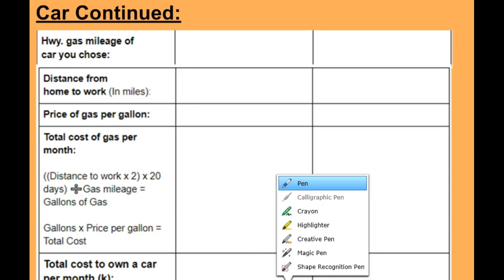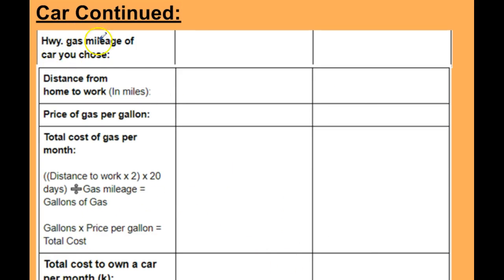Then it continues. Next we have highway gas mileage of the car you choose. On the website where you purchase your car, it'll say not miles per hour, miles per gallon. MPG. You need to list how many miles you can go on 1 gallon of gas. It should tell you. Do that for each car. And then earlier, you calculated the distance from home to work in miles.